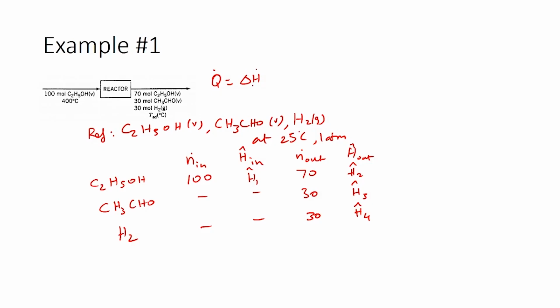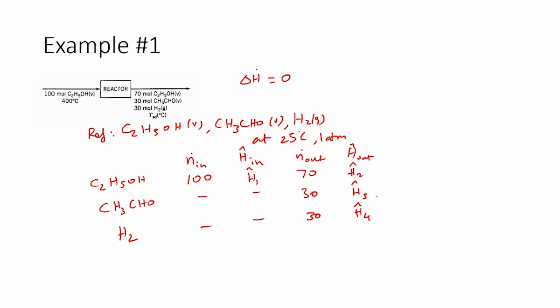Here we had Q dot equals delta H dot, but the process has also been told that it is an adiabatic process, which means Q dot equals 0, giving you delta H dot equals 0. Because delta H dot equals 0, we can substitute the values for H1, H2, H3, H4 into this equation, and we will end up with a polynomial in temperature, and we can solve the polynomial to get the temperature of the exit stream.